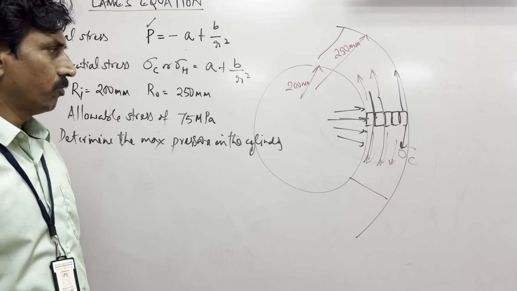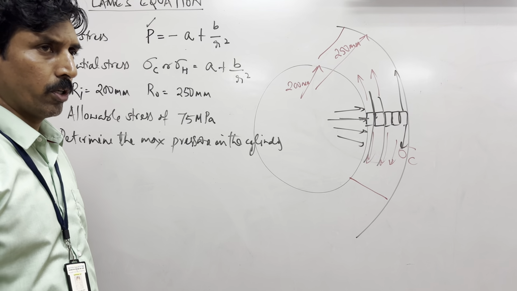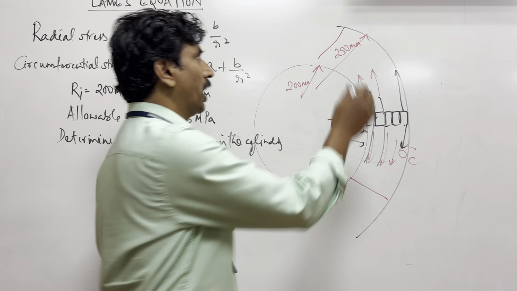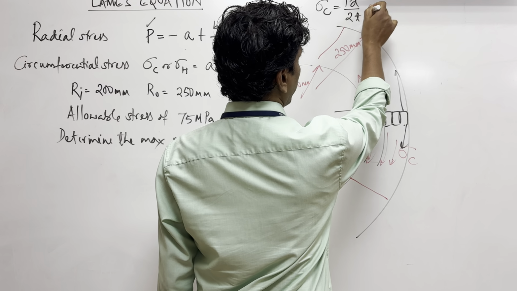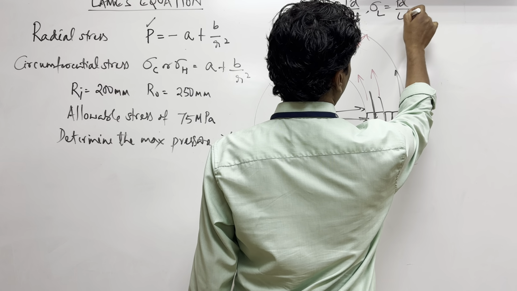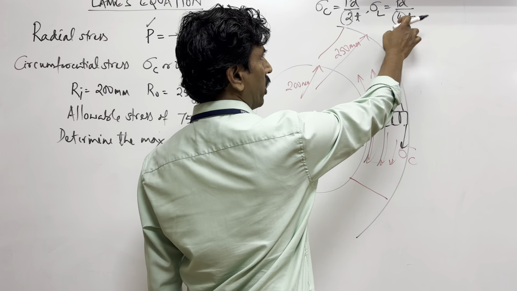But we know that most cylinders fail by the circumferential stress, because circumferential stress is more than the longitudinal stress that we saw last time. Circumferential stress is pd by 2t, whereas the longitudinal stress is given by pd by 4t. So here there is 2, here there is 4.